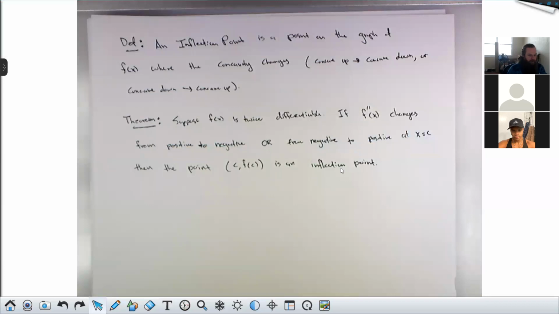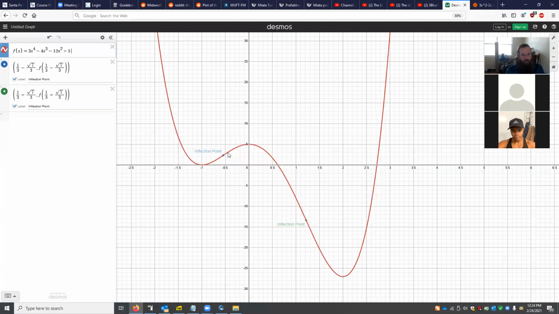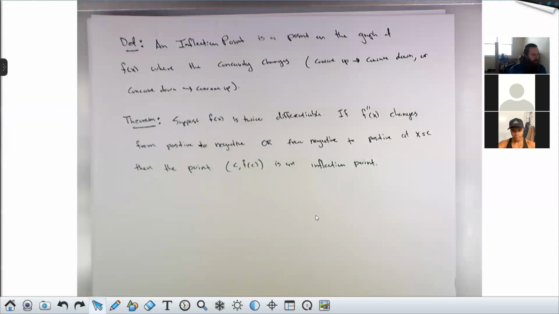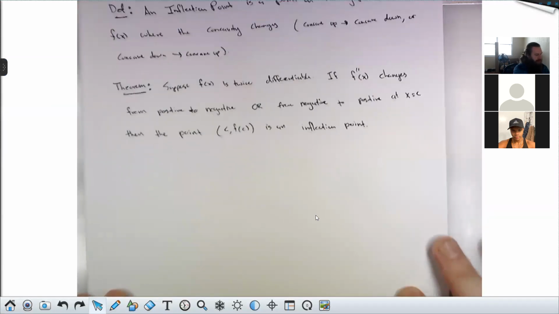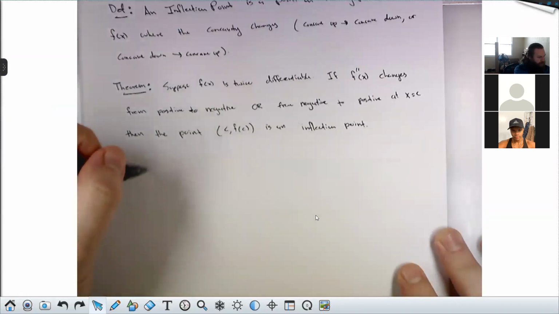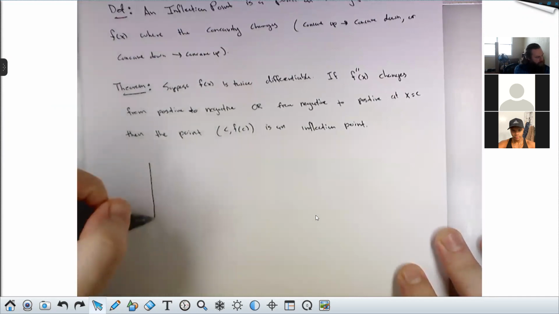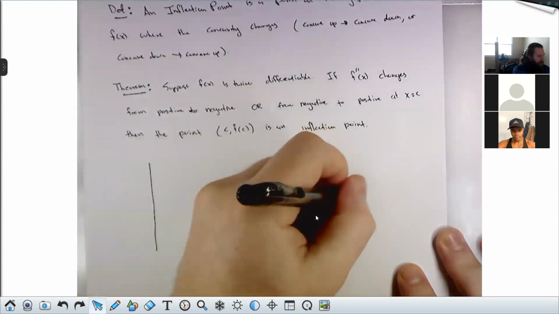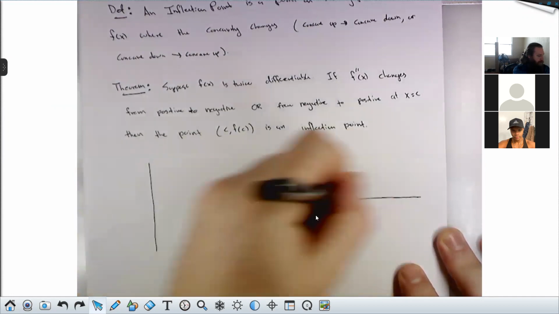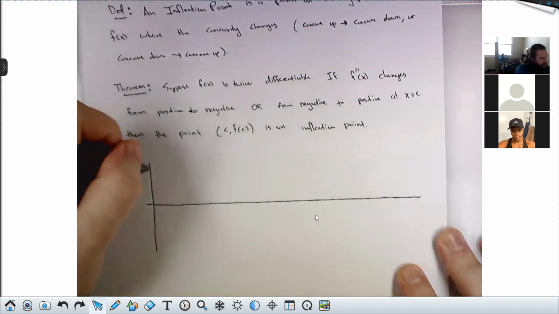The classic examples, and you've got this example here, and I hope that you guys can see this. Maybe consider taking a screenshot so you can look at this later. The other classic example is your sinusoids. They all have inflection points at their roots. So maybe I'll graph two periods of sine here.